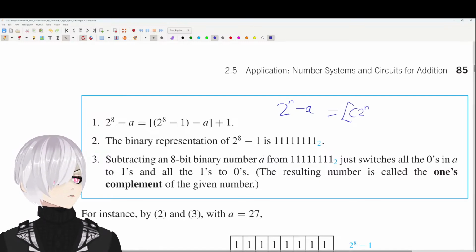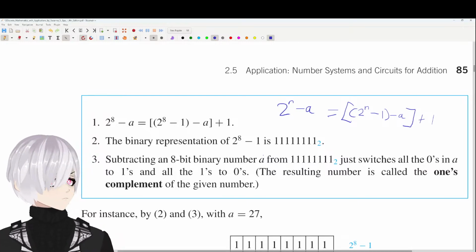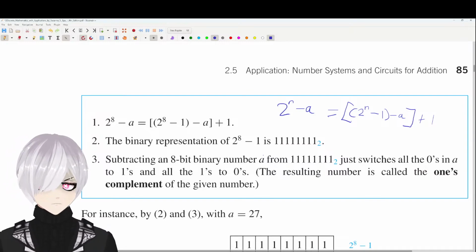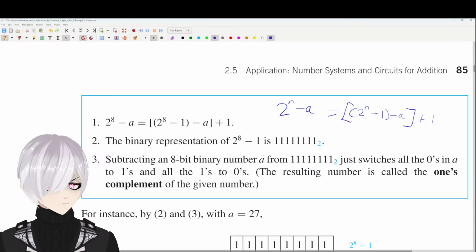The reason is that if you rearrange, that's 2 to the 8th minus a minus 1 plus 1, and minus 1 plus 1 is just like adding 0. So they just rewrote it in a convenient form.